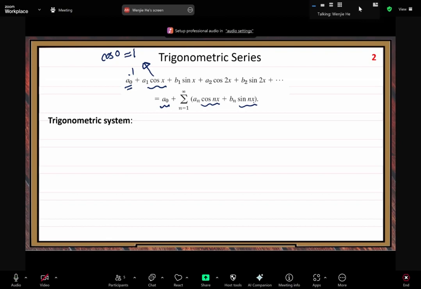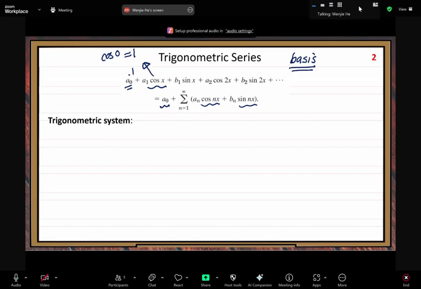Trigonometric system. This concept, the system. When we talk about system, we need to relate it to the basis concept. In this class, we use this basis concept a lot. The basis of our solutions of ODEs, the basis functions of our second order ODE solutions.